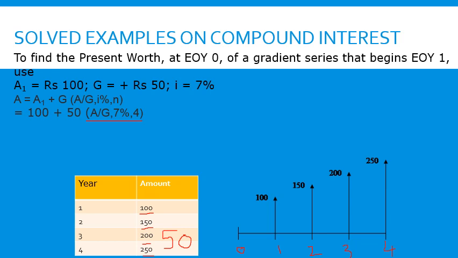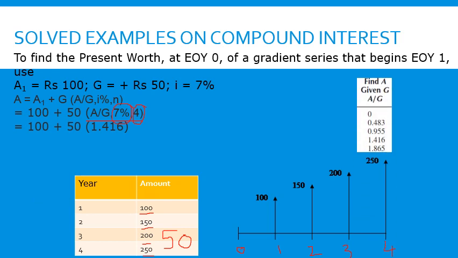From where do I get this value? For this you need to refer to discrete compound interest factor tables. That is available in many textbooks, or you can download it from the internet. If you just search for discrete interest factor tables, many PDF files will open. You can download any one of them. In that, if you open the page which contains I as 7% and N as 4 years, you will get the value like this: 100 plus 50 multiplied by 1.416.